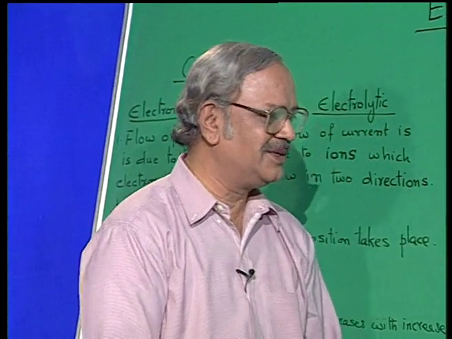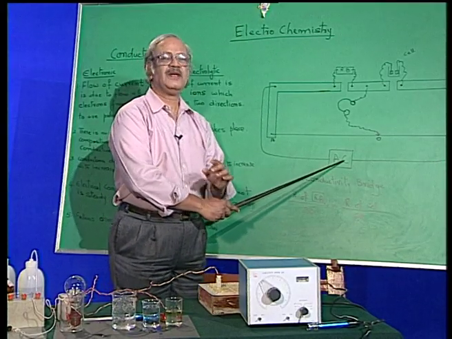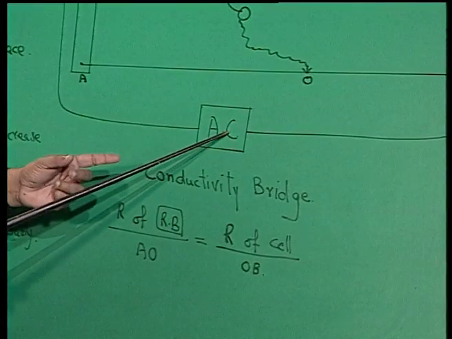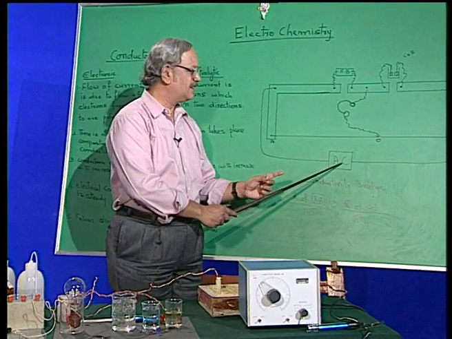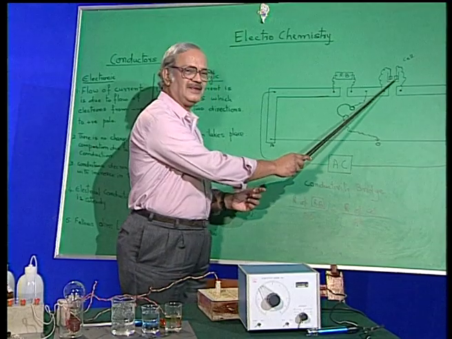Alternating current is used in all the experiments pertaining to conductivity measurements, so that we have the solution still intact.